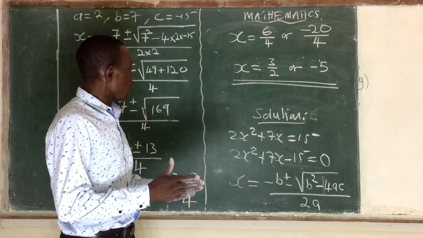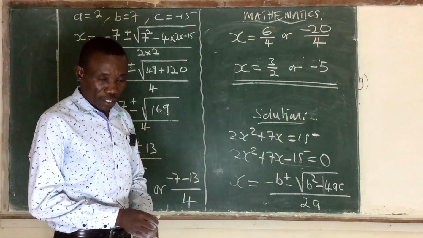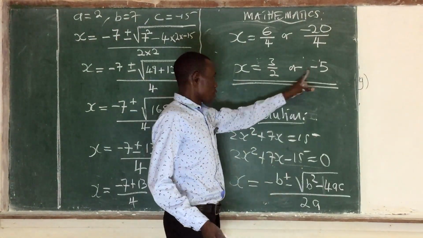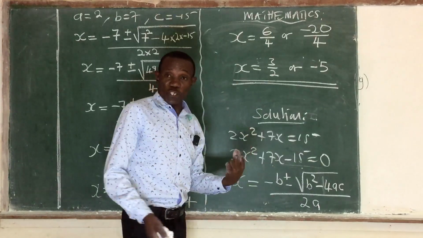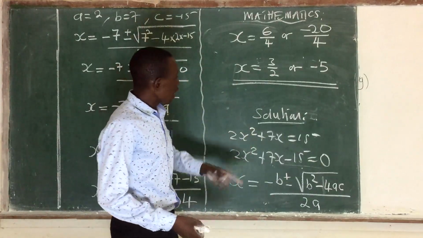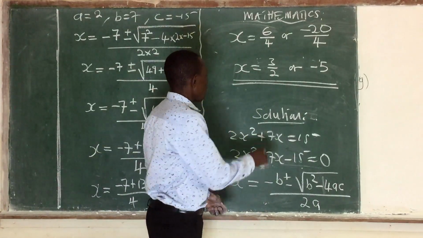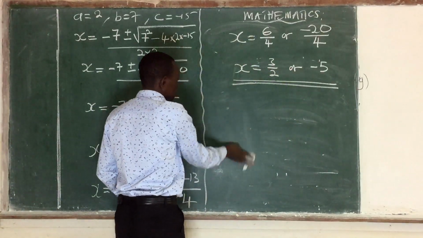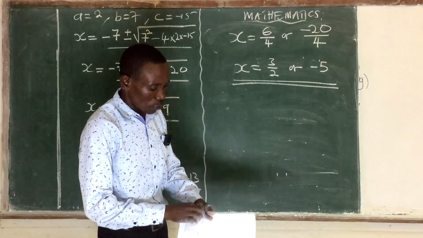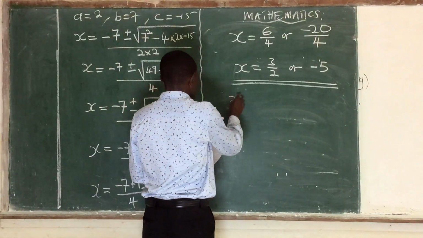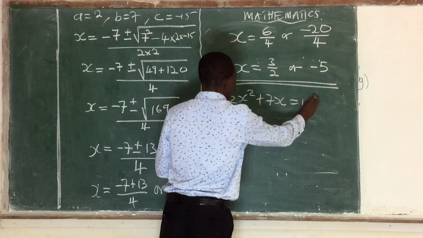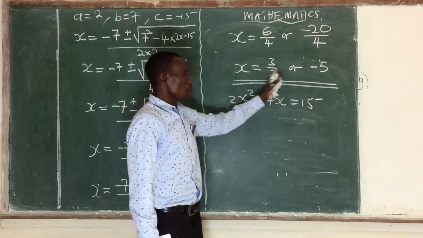Maybe you might also be interested to find out, is it really true that these are the roots of the equation which we have just solved, which is 2x squared plus 7x is equal to 15? Are these really the roots?